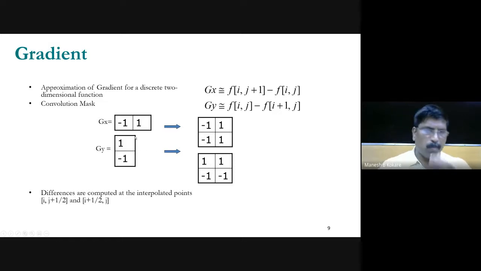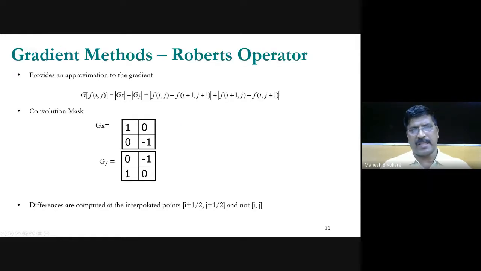That is how you get the templates for gx and gy. Generally, differences are computed at the interpolated points. Interpolated points are i, j plus 1 divided by 2, and i plus 1 divided by 2, j. There you calculate the difference, so your whole operator becomes like this.